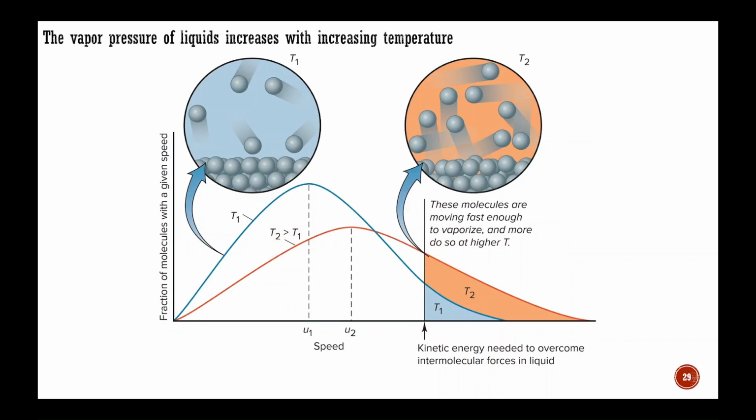Again, if we go back to these graphs, you see that the average kinetic energy of molecules in a liquid increases with increasing temperature. Therefore, at a higher temperature, a greater percentage of molecules at the liquid surface will possess sufficient kinetic energy to escape into the gas phase. Consequently, the vapor pressure of liquids increases with increasing temperature.